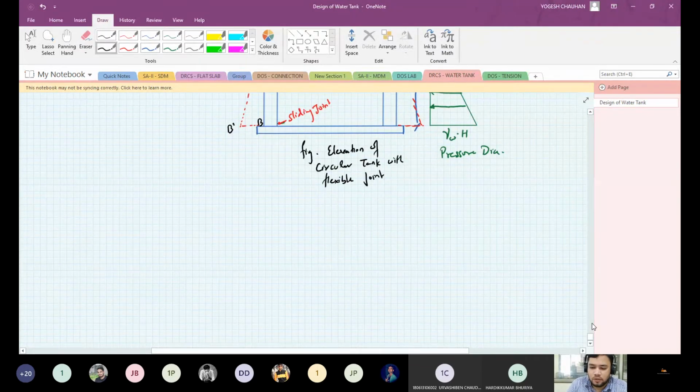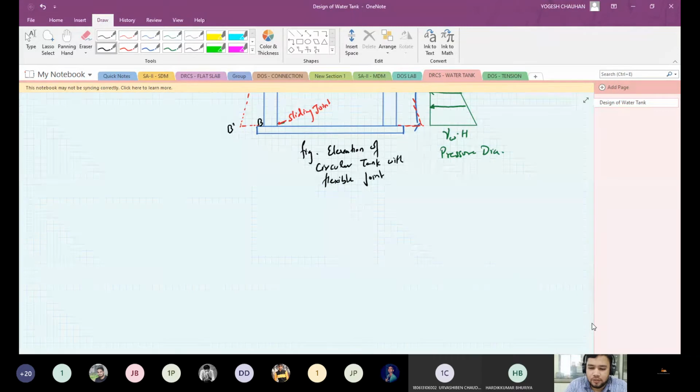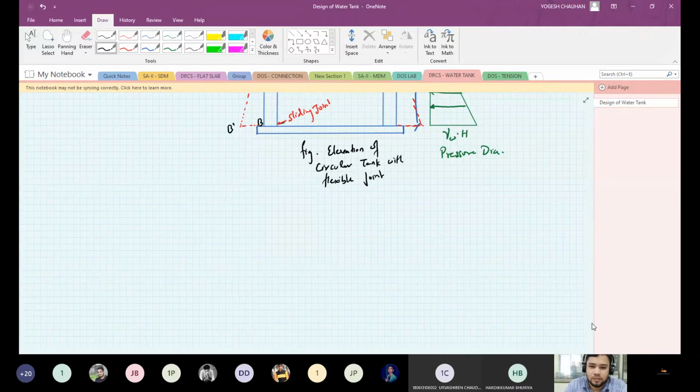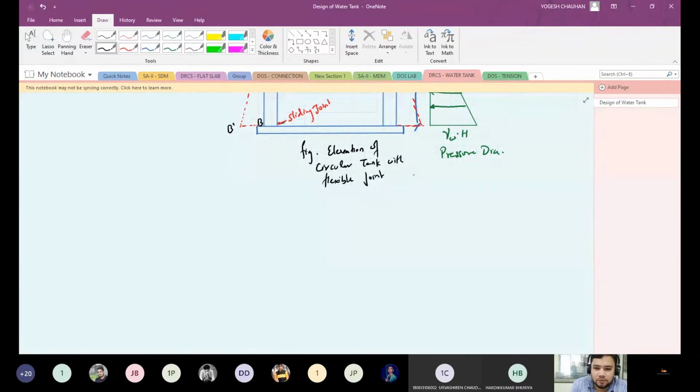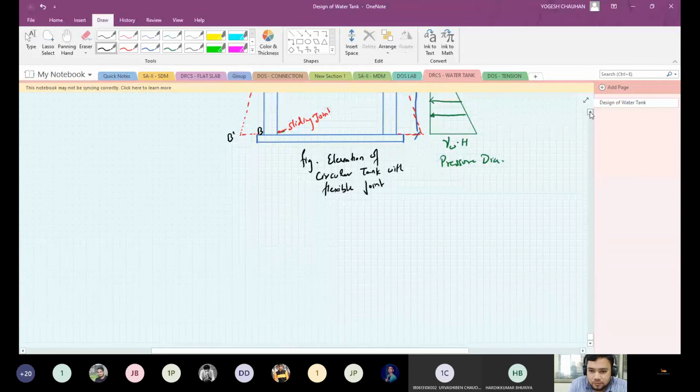Because it is circular in shape, it will be subjected to hoop tension, and the intensity of the hoop tension will be maximum at the base.